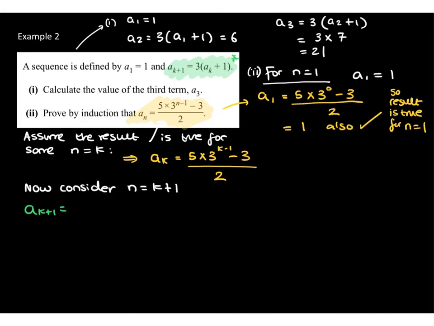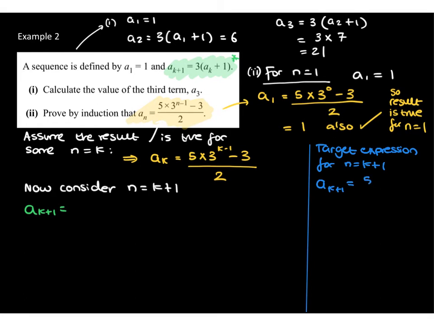Now, as we've been doing, we're going to put in a little sidebar and think about the target expression. So for n equals k plus 1, we would be aiming for a target expression, ak plus 1, using the yellow highlighted nth term.